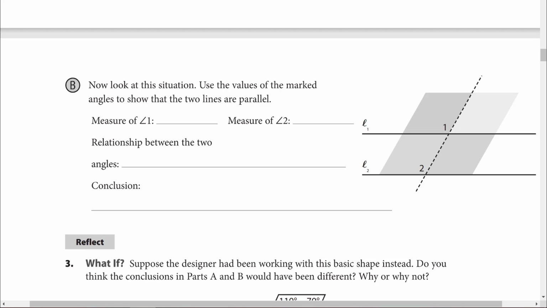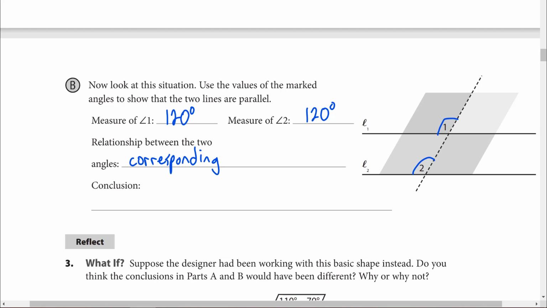So let's take a look. Angle 1, based on our sample tile, is 120 degrees, and angle 2, again based on our sample tile, is 120 degrees. What type of angles are those? They're corresponding angles. So what can we say about corresponding angles?